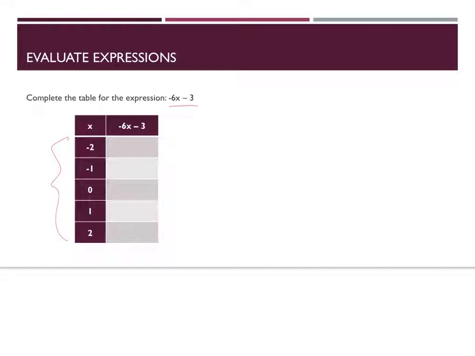I have to do that individually, and that means I'll do this over and over again on my calculator. If I want to plug in -2 for x, I'll type in -6 times -2 minus 3 and get that answer. When I do, I'll place the answer here in the table.